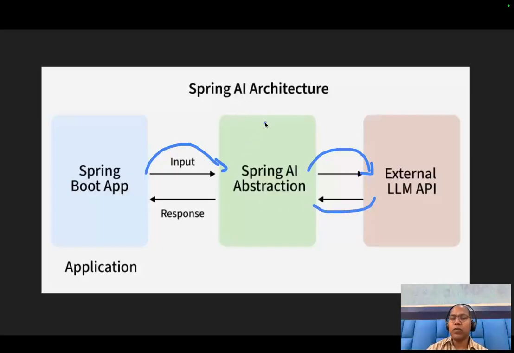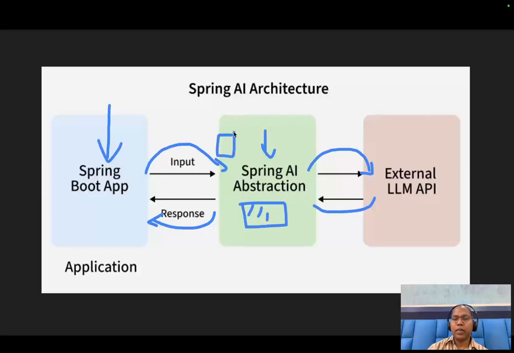The response is received by Spring AI itself, which then makes a proper response and returns it to the application. In short, our Java Spring Boot application only talks to the Spring AI framework, and inside this abstraction they build some logic so that, from the application's perspective, it always gets a response in the context of the previous responses.